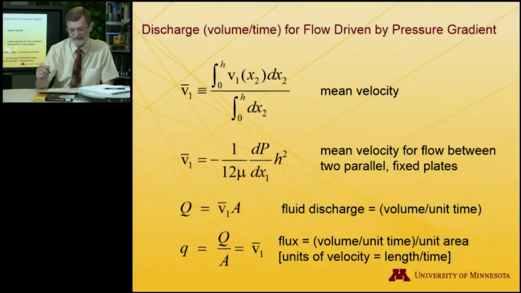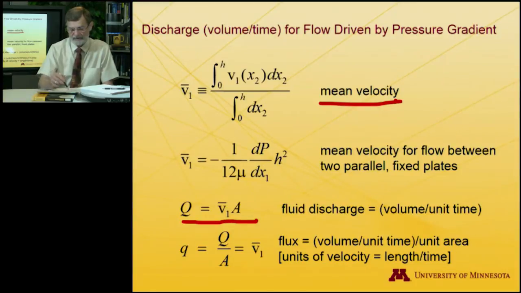And we ended up then calculating the discharge, the volume of fluid coming out per unit time. We did that by calculating the mean velocity of the fluid, and then related that to the discharge by multiplying the mean velocity by the cross-sectional area.